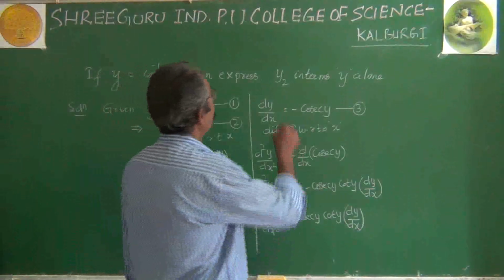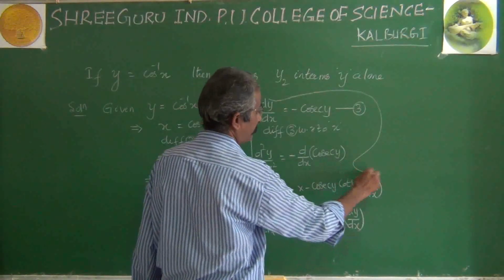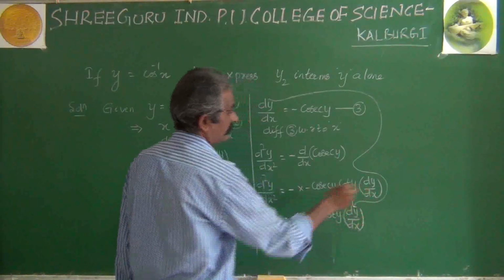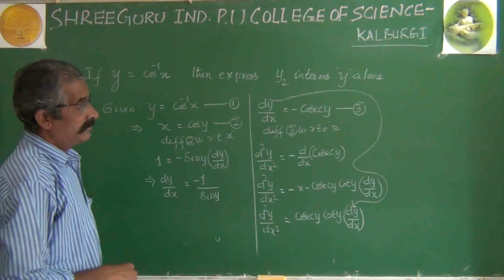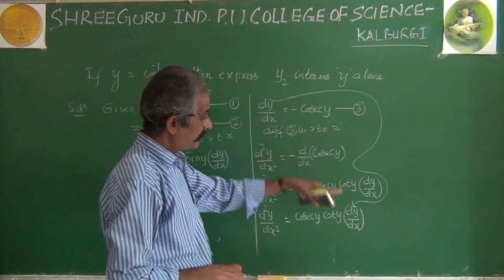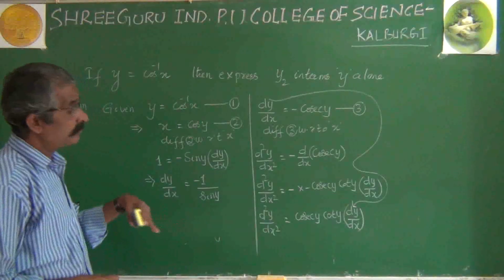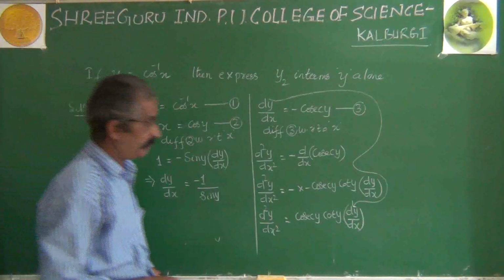Now let's use the value of dy by dx from 3 in this equation. The value of dy by dx is found as minus cosec y. We use it here so that our result for y2 becomes only in terms of y alone.